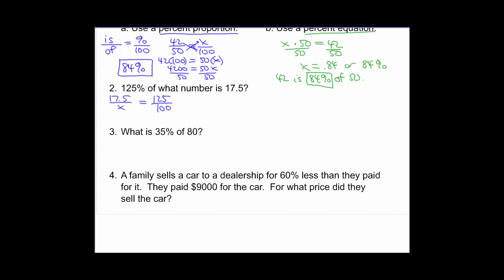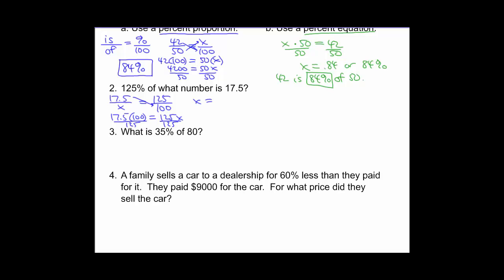So now when I use my cross products, 17.5 times 100 equals 125 times x. So to solve this, what I need to do is divide both sides by 125.